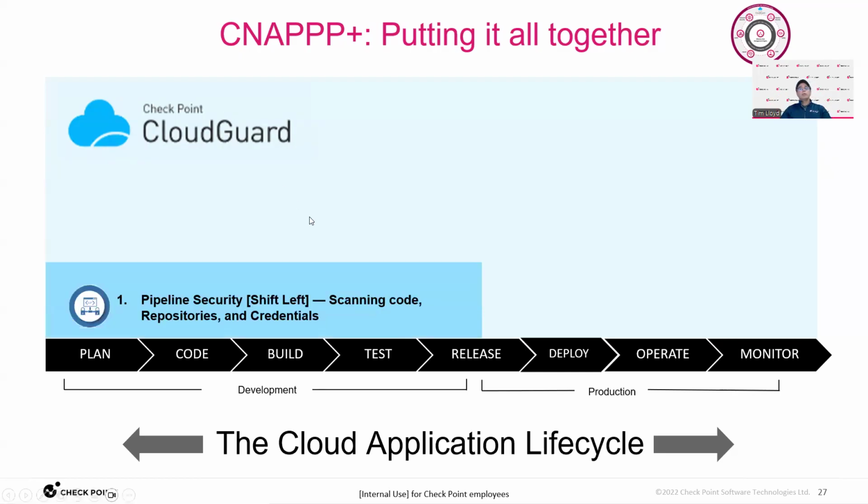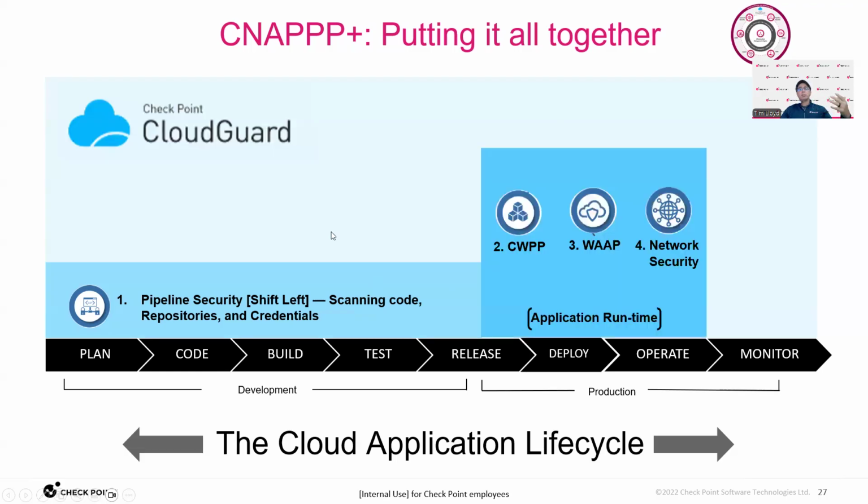So when developers are developing applications, this is where security starts. It starts to the left of the life cycle. So we're scanning our code, we're scanning for secrets, we're scanning repositories, we're ensuring that communication between development teams is secure before an application is released into the runtime environment.